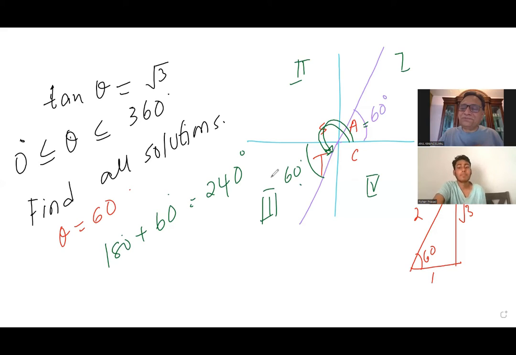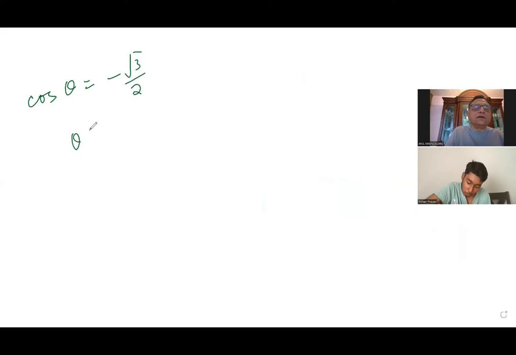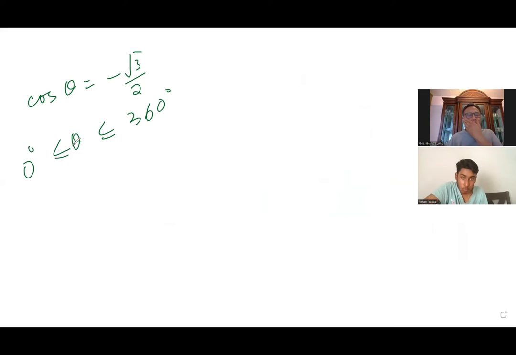Now let me take another example using cosine. Cos theta is equal to negative square root 3 over 2, and theta is between 0 and 360 degrees. What could be the answer?